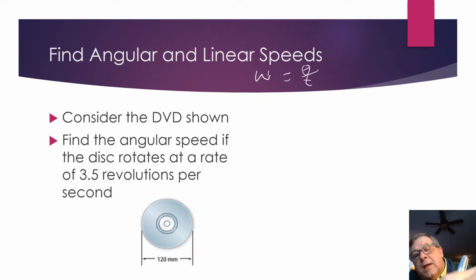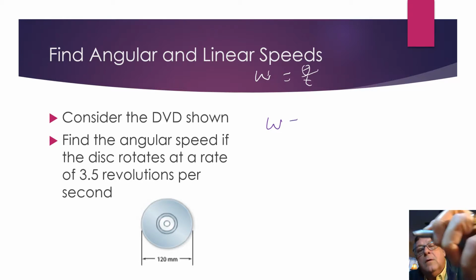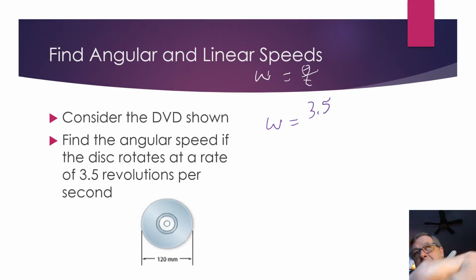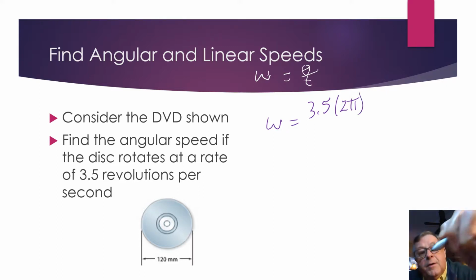We say that our angular speed, W, or omega, lowercase Greek letter omega, is 3.5. We're going 3.5 times around the circle times 2 pi. And our time period, this is in per seconds, and our time period is 1 second.